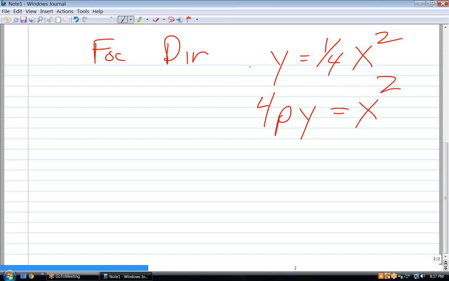Okay, so let's get this equation into that format. What do I have to do? Multiply by 4. So now I have 4y equals x squared. What's p? 1. Okay, so p is 1.